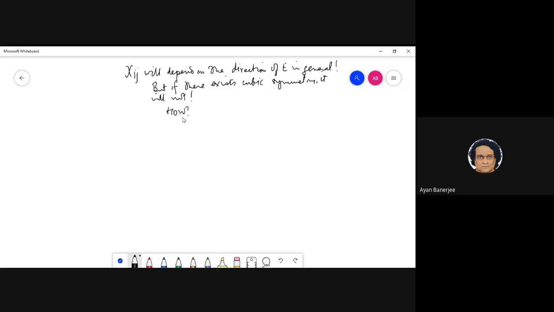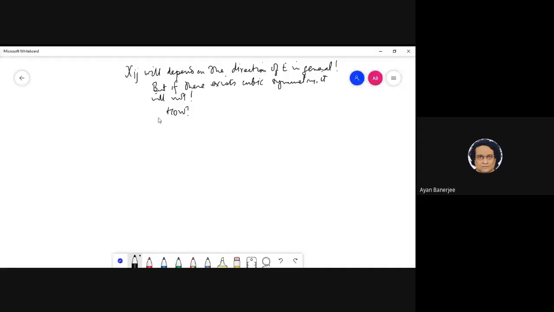When you apply an electric field to the crystal, it will displace both the electrons and the nuclei from their equilibrium position in the lattice. And there is a net dipole moment per unit volume. That is the response, that is how the material behaves, because there is this polarizability.